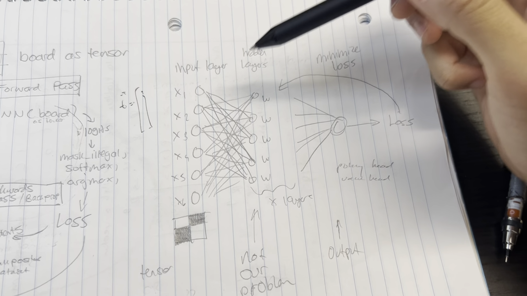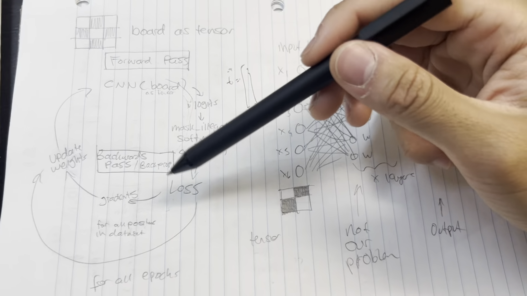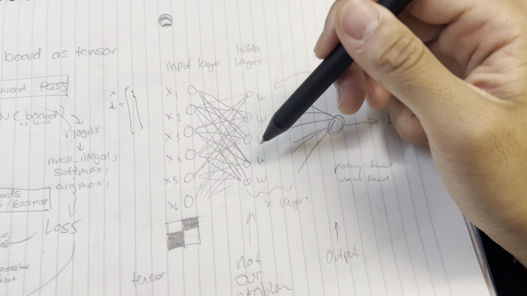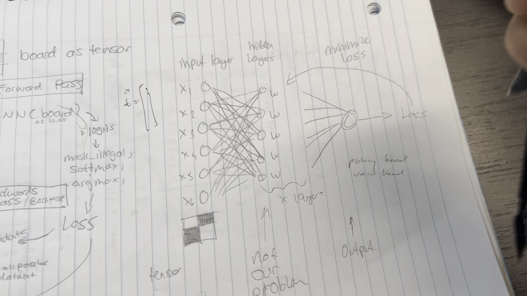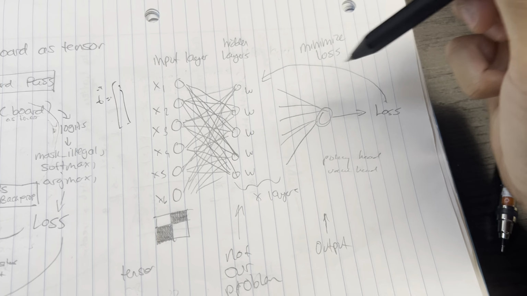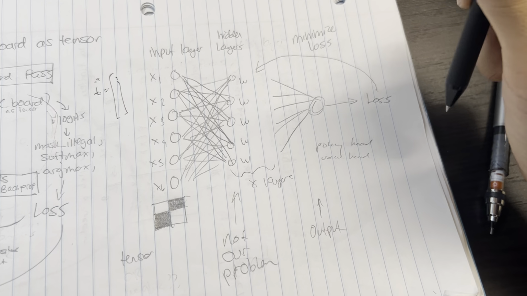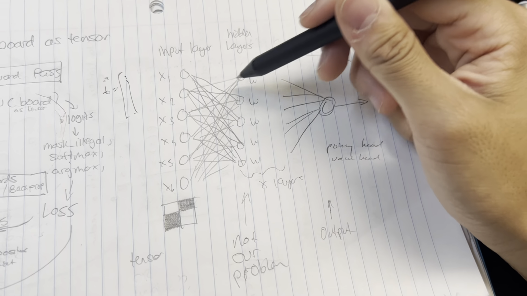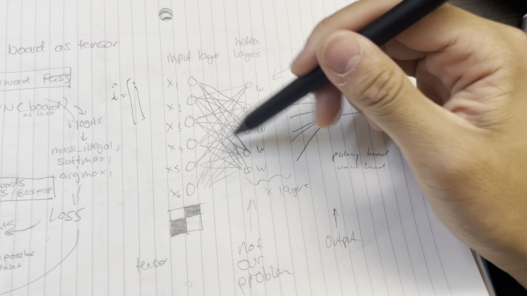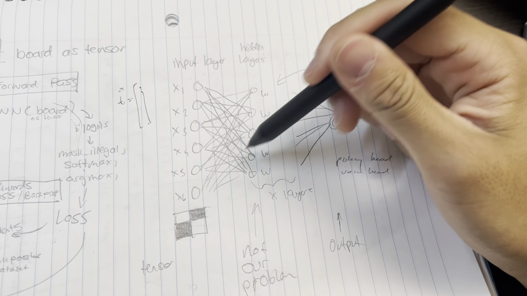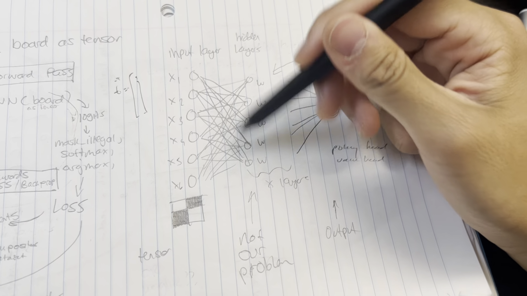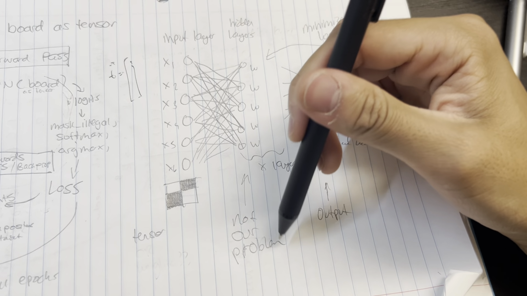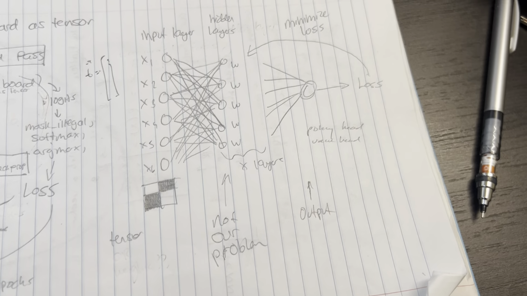I believe as you scale more of these epochs and edit the training stuff, there's more hidden layers in between where they learn increasingly more complicated things. But each of these is a weight. So all of them connect to each other and the weights kind of learn. And this is not our problem because that's up to the AI to do.